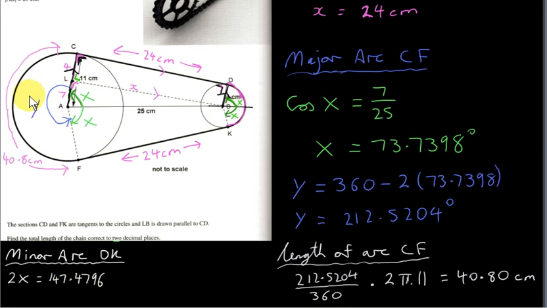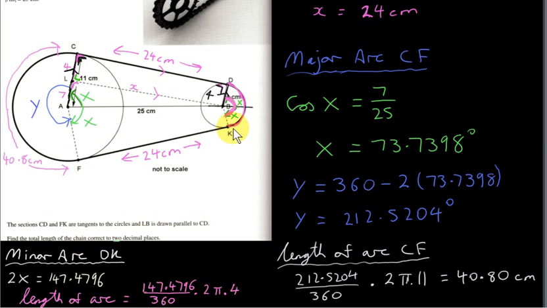So what we want is this angle here. And this angle here will correspond to this arc DK. This angle in here is 2 times X. That's 2 times 73.7398, which is 147.4796.